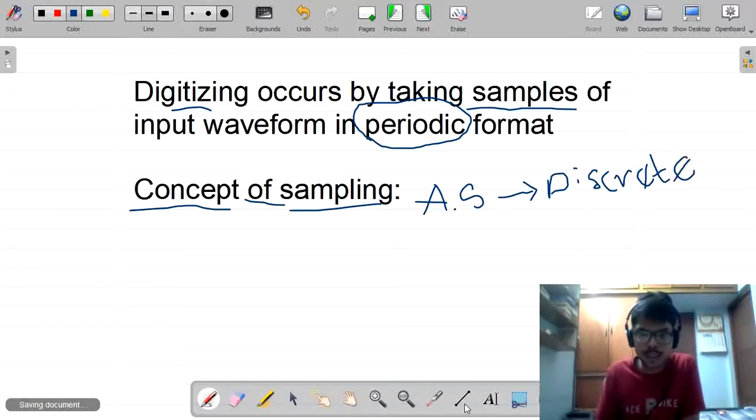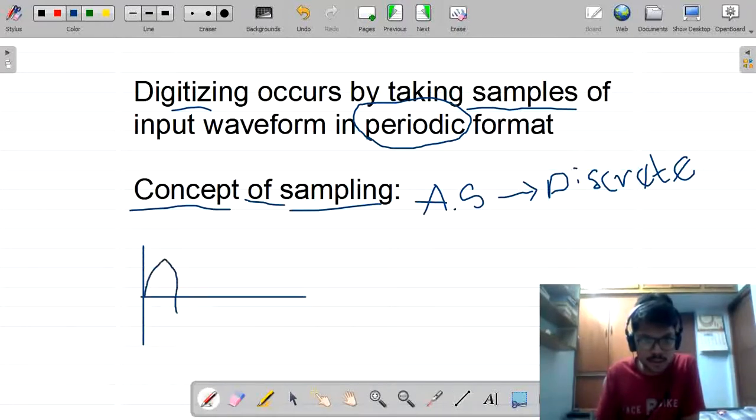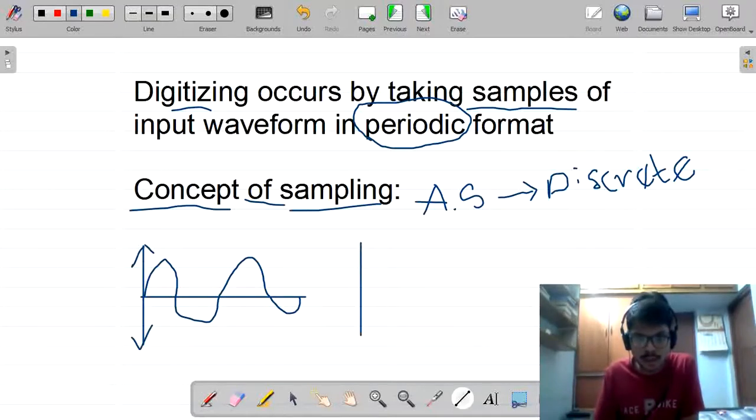Now suppose we have an analog signal here in the form of a sinusoid. Now what will we do? We will convert it into discrete nature.